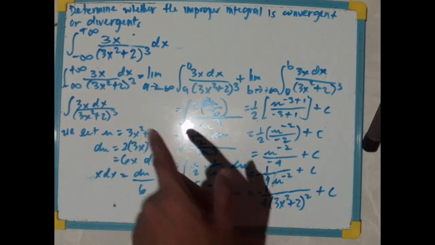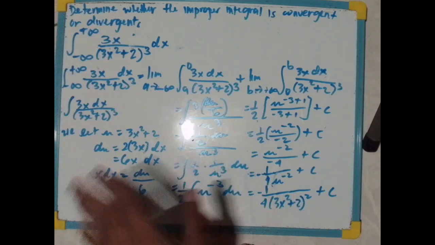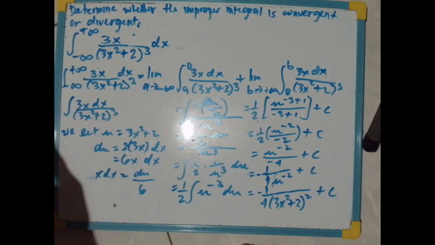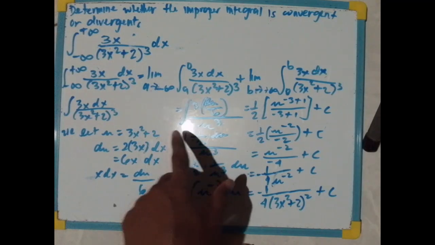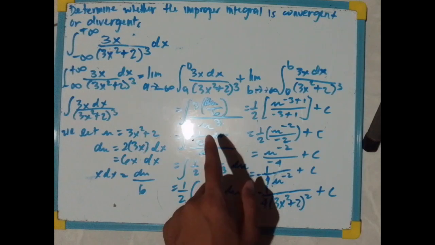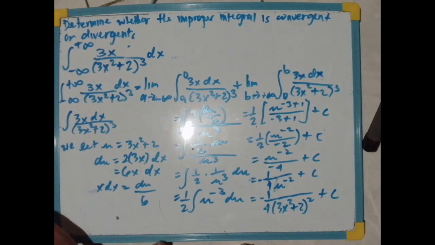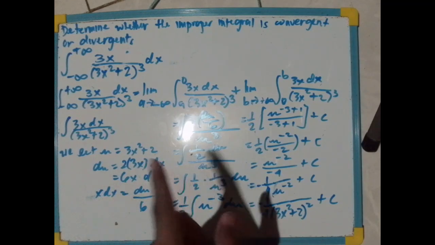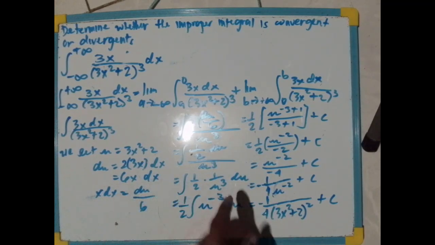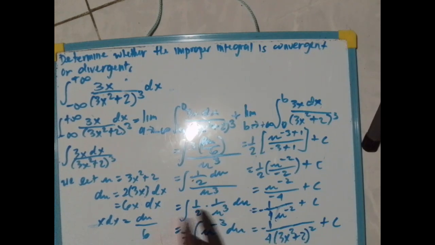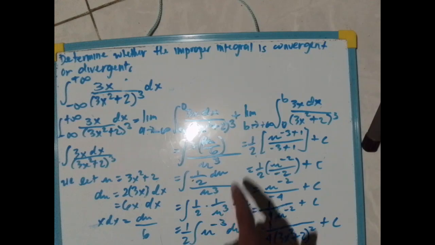Now substitute these values. So we have the integral of 3 times du over 6 over u raised to 3. Then 3 divided by 6 is 1/2, so we have 1/2 du in the numerator, and the denominator is u raised to 3.